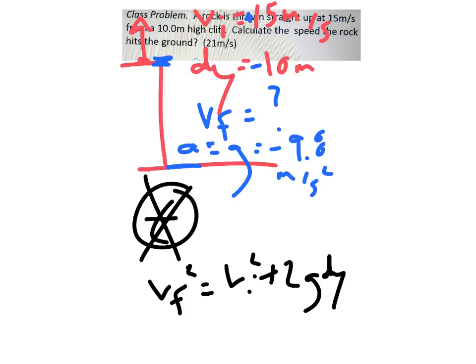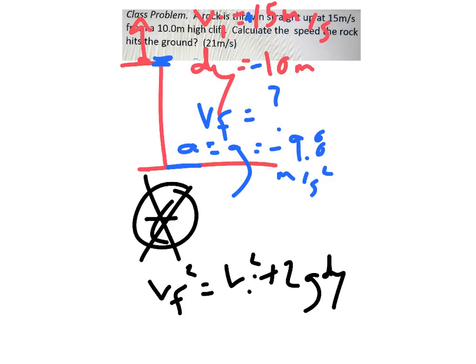And for the displacement d, I added the subscript y just to remind myself that it's up and down. You do not need to put the subscript in right now. We're only looking at stuff going up and down, so you can assume that d is vertical. But just out of habit, I throw in the subscript y. We'll do more with that later.